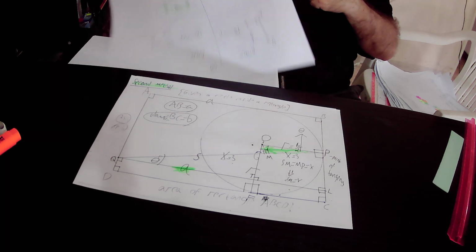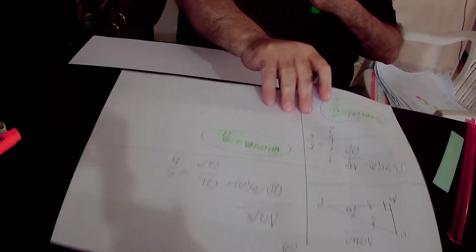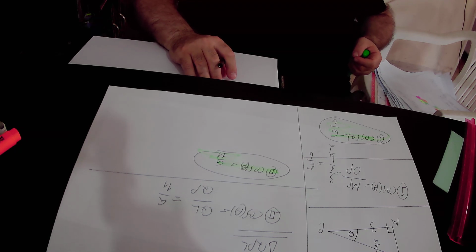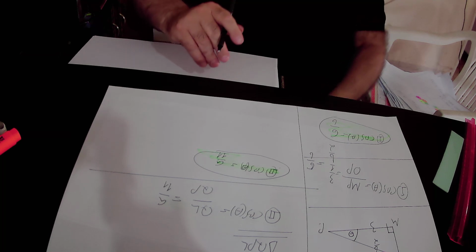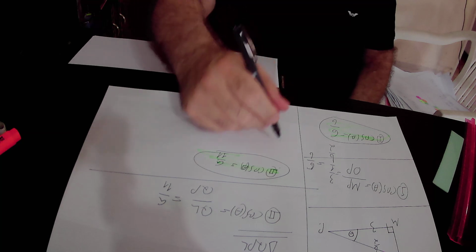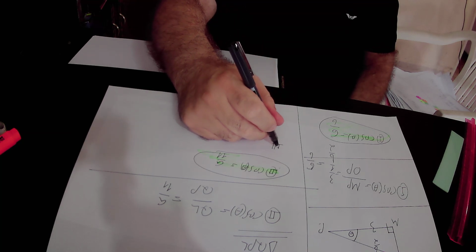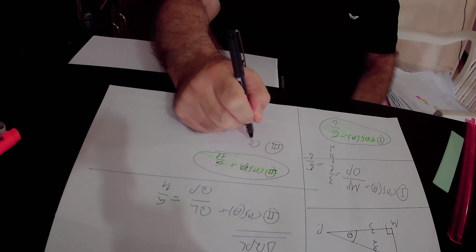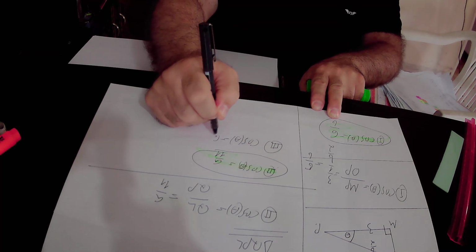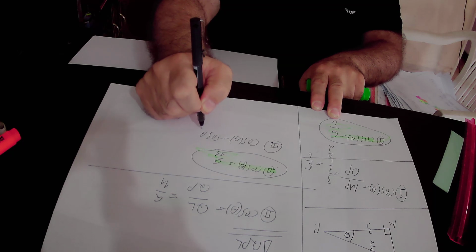Repeat again: cosine theta according to equation number 2 equals A over 11, and cosine theta according to equation number 1 equals 6 over B. So we have two different expressions for cosine theta, therefore we'll create equation number 3 that states that cosine theta according to equation number 1 must be equal to cosine theta according to equation number 2.